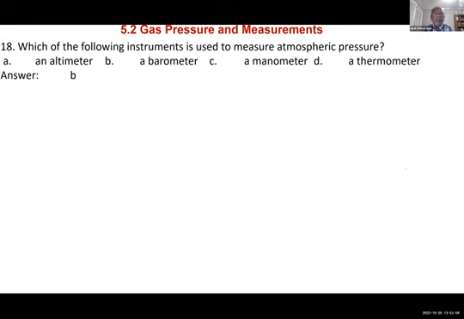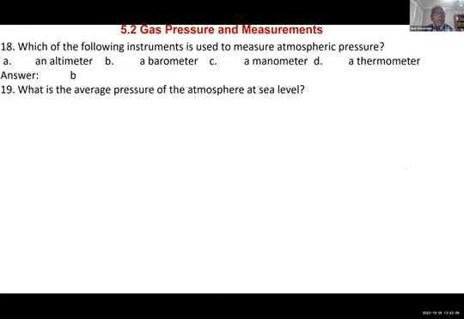Therefore, the correct answer is B, the barometer. What is the average pressure of the atmosphere at sea level? Normally, on a given day at sea level, atmospheric pressure is 1 atm. Sea level is the standard. So 760 millimeters of mercury is correct.